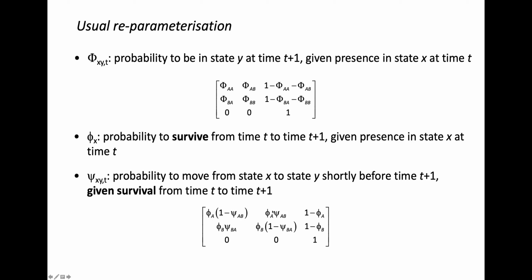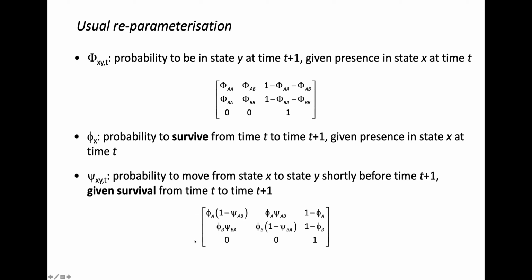The probability of being in site B at t plus 1, given you were in site A at t, is the probability of surviving over the interval in site A times the probability of moving from A to B. And the probability of being dead at t plus 1, given you were in site A at t, is just the mortality probability, 1 minus phi A, right? And you can do the same for being alive in site B at t and being dead at t plus 1.